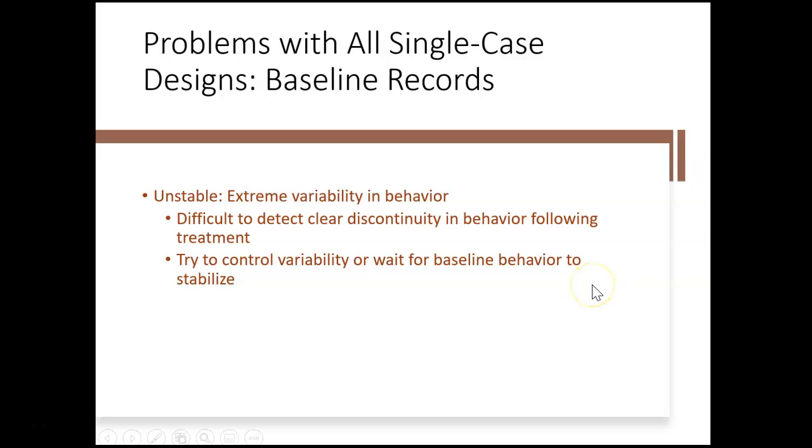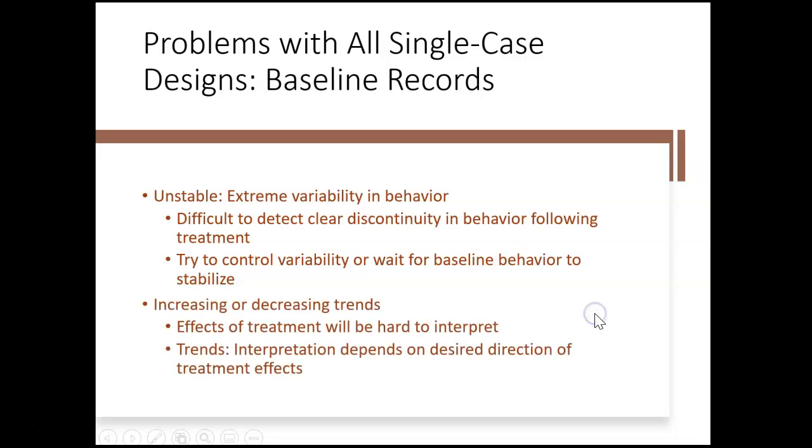And that's how researchers using these small n designs may have to wait until their baseline shows a reliable picture of the baseline level of a particular behavior, especially if that behavior is highly variable. So you may have to wait for the behavior to stabilize. Sometimes you don't have that kind of time to wait, but that is an issue that you'll have to plan for if you're going to use a single case design.